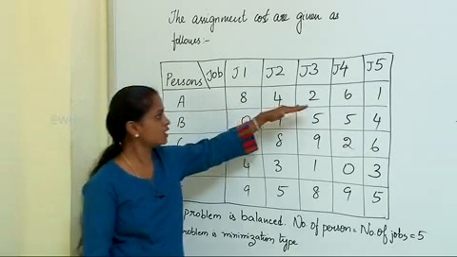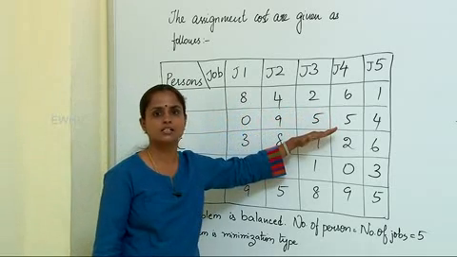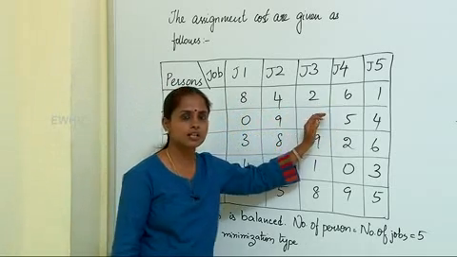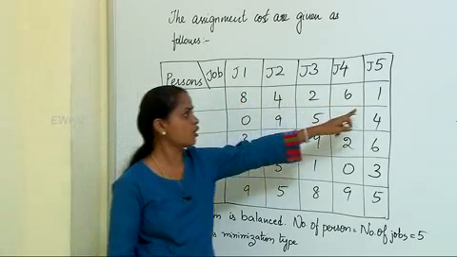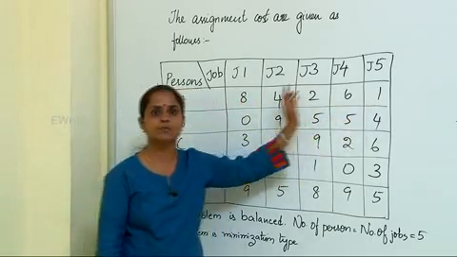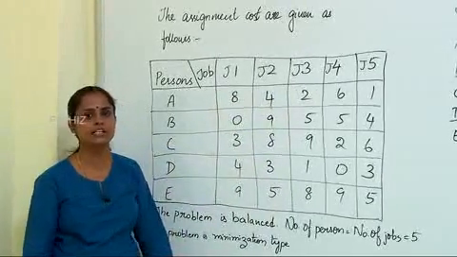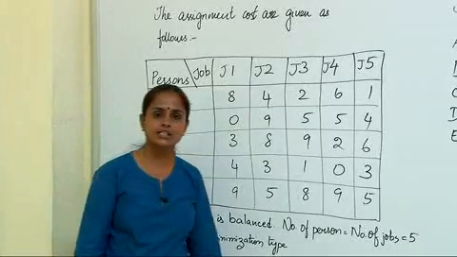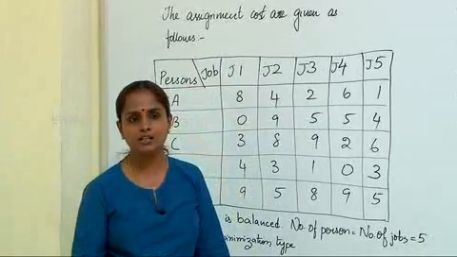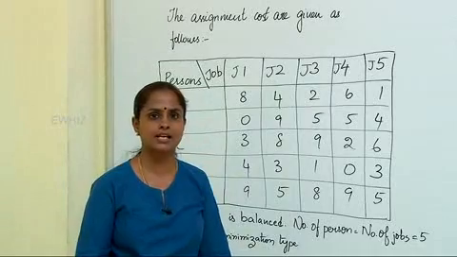So scan all the rows. If 0 is present, it is fine. If 0 is not there, choose the minimum entry of that row and subtract it from all the other entries so that you land up with at least 1 zero in each row. Please do not change the order. Always you have to scan the row first and then you should go for scanning the column.